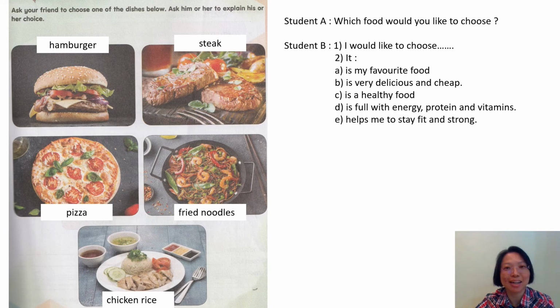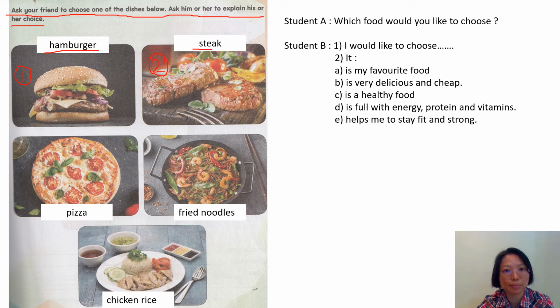Now let's practice your speaking skill with your friend. You can ask your friend to choose one of the dishes below. Ask him or her to explain his or her choice. So there are 5 different dishes here. Dish number 1 is hamburger. Dish number 2 is steak.